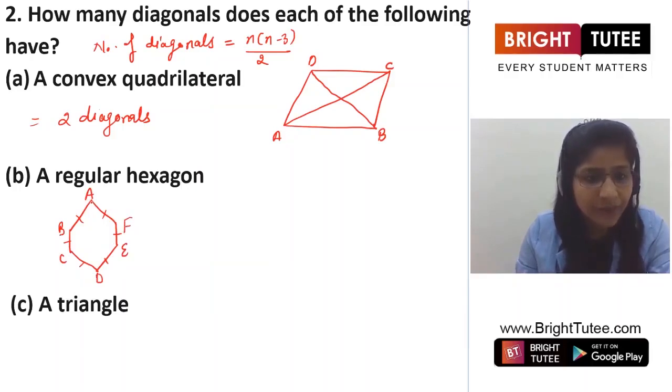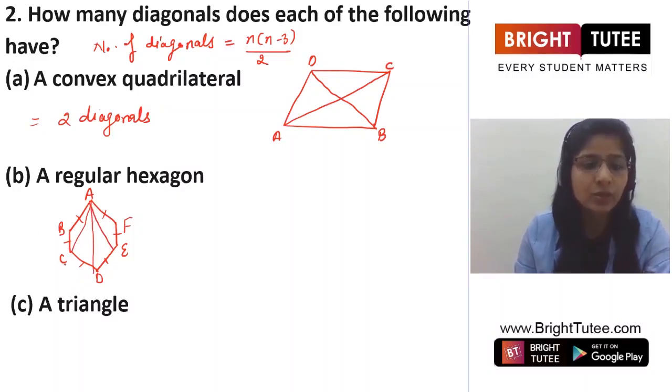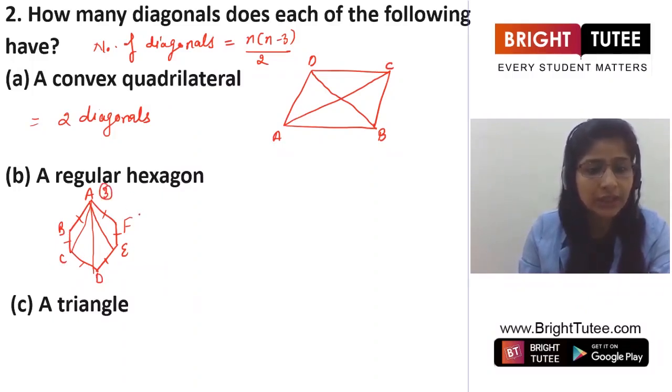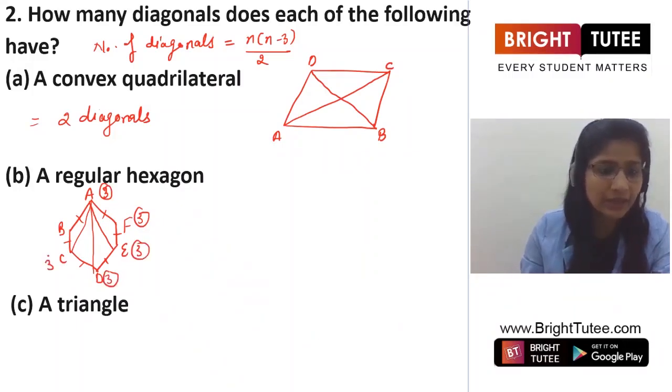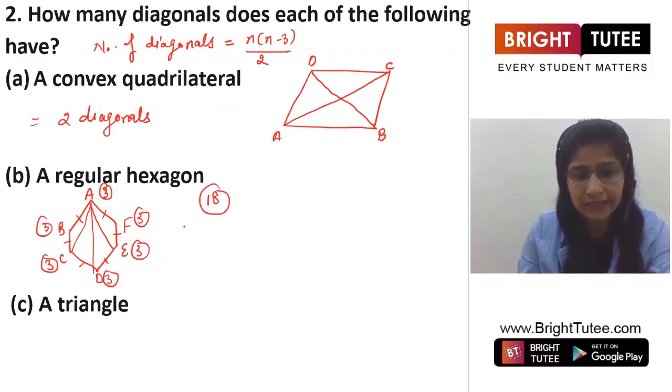So from point A, you can draw diagonals to point C, to point D and to point E. That means 3 diagonals you can draw. Similarly, each vertex will be able to draw 3 diagonals with the other ones. Right? So total 3 plus 3 plus 3 plus 3, that means 3 will be added 6 times. So total we have 18 diagonals.